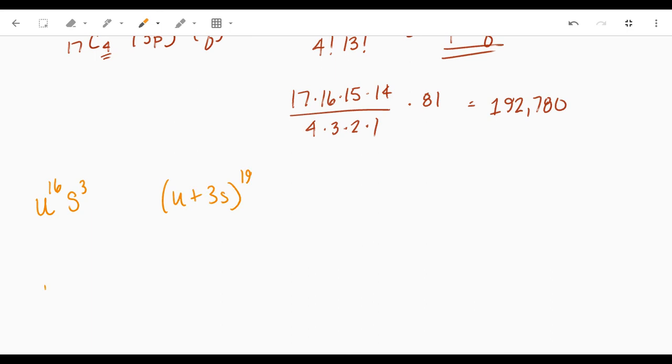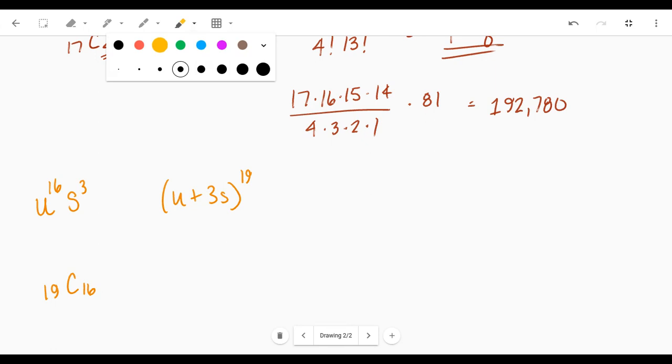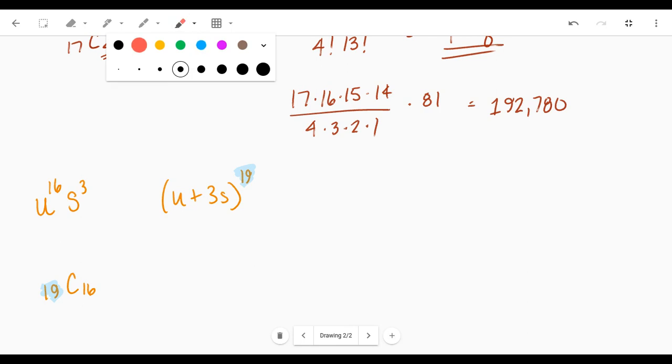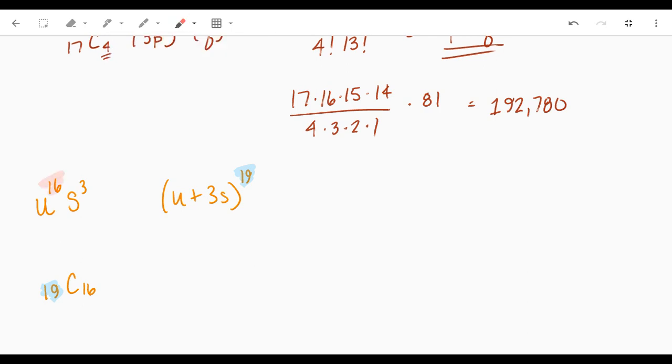Okay, so we're going to have 19 choose 16. And the 19 comes from there. The 16 comes from there. Okay, and then we're going to do u to the 16, 3s to the 3rd.